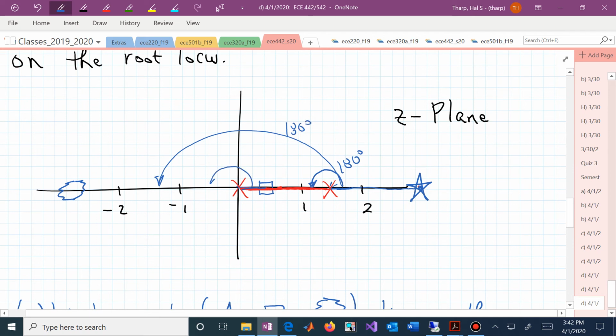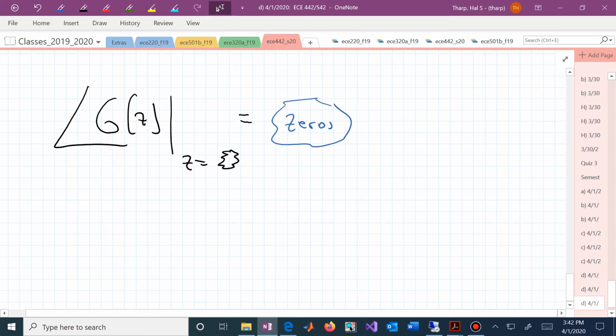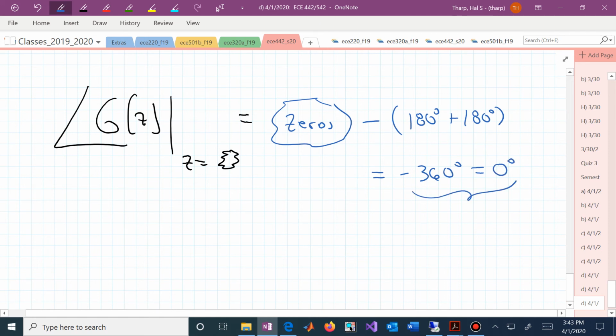This one has to look through 180 degrees. So now this is minus 180 degrees plus another 180 degrees. That's minus 360 degrees, which you could also say is equal to 0. That likewise is not on the root locus.